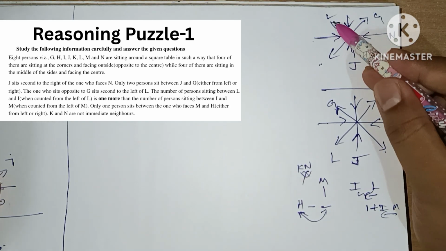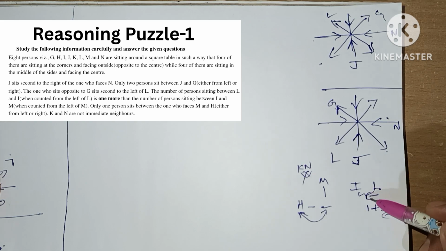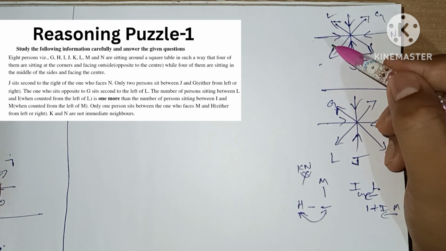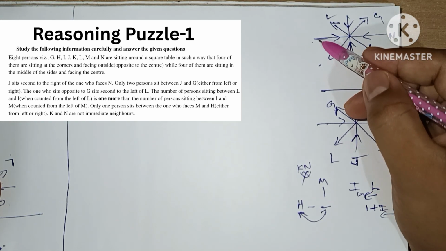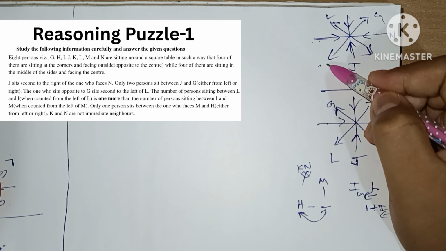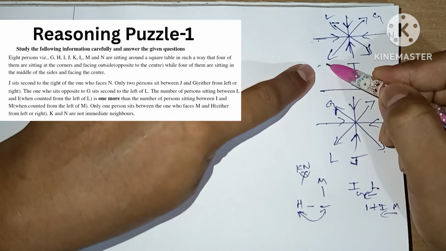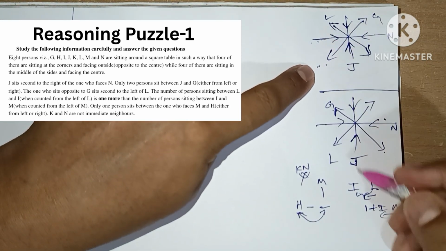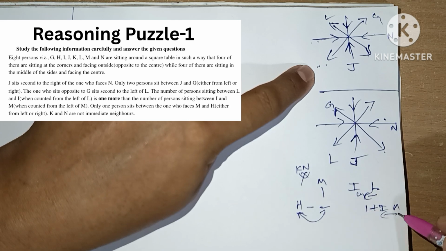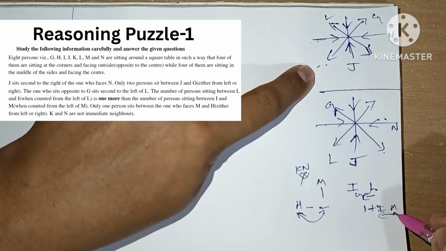Here we have L. Here, L's left side is I. So it must be placed for I either here. If we place I here, only one person, 1 minus 1, which will be 0. So I and M must be immediate.